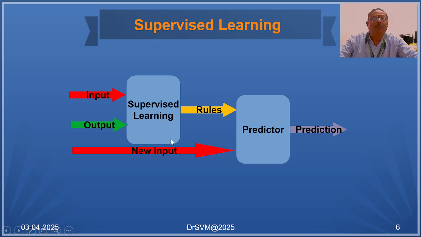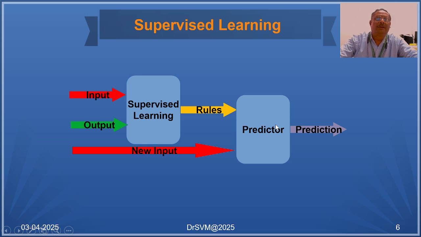So overall, what we are doing is we are providing a set of pairs. One in the pair is input, the other in the pair is output. So we have pairs of data, and that data is fed to the learning system, which is the supervised learning system, and that learns and creates some rules to connect input with output.